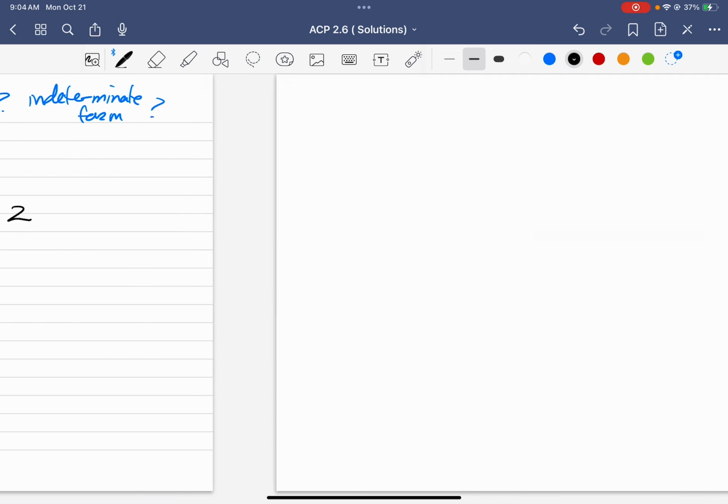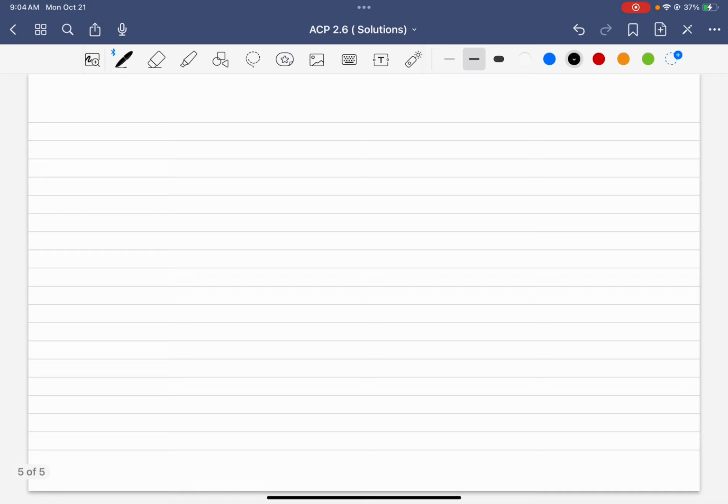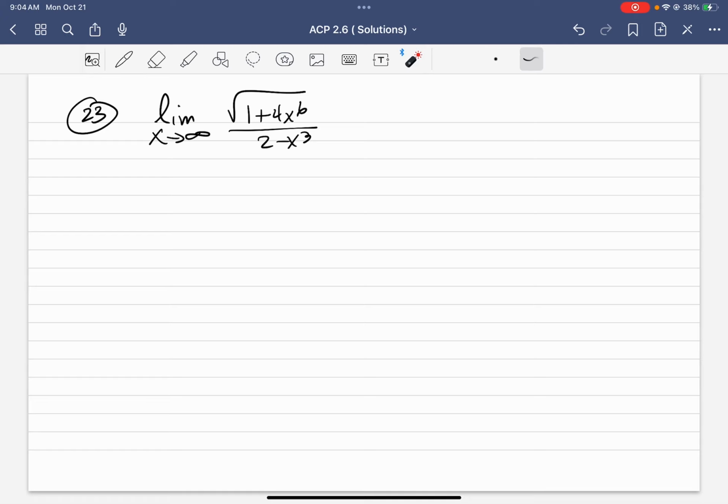Let's look at 23. Now here's where they get super interesting. I'm going to do the limit as x goes to infinity of the root of 1 plus 4x squared over 2 minus x cubed. We're going to do the same thing we did before, but now it's a little more interesting to think about what the highest power is.